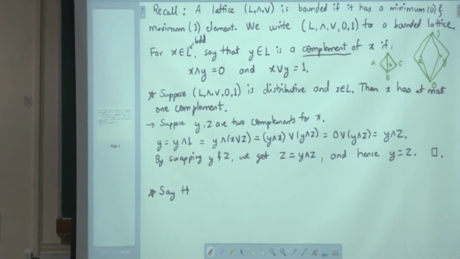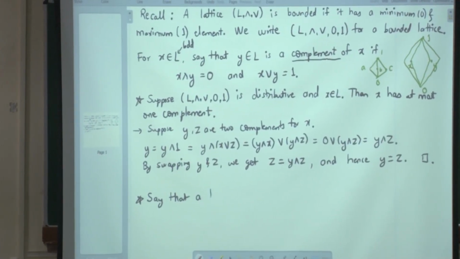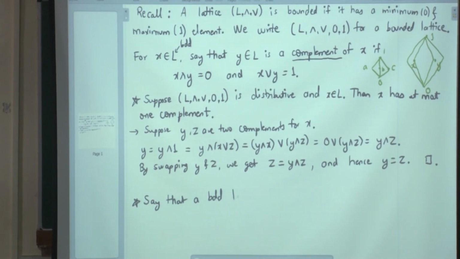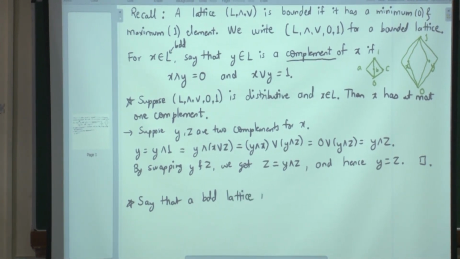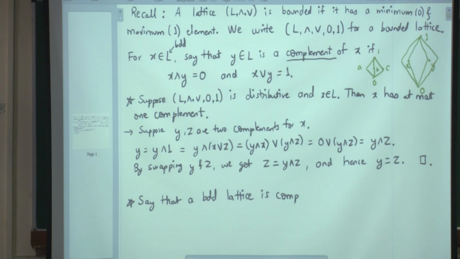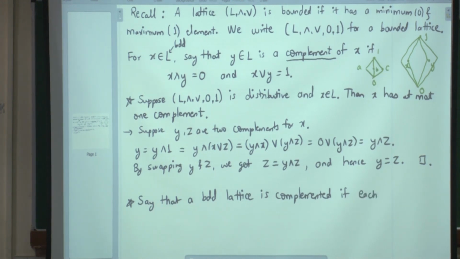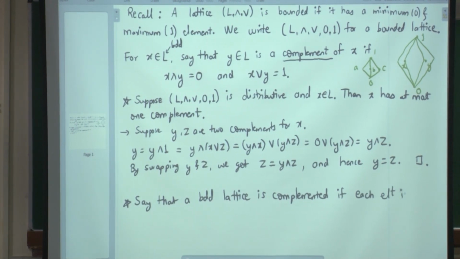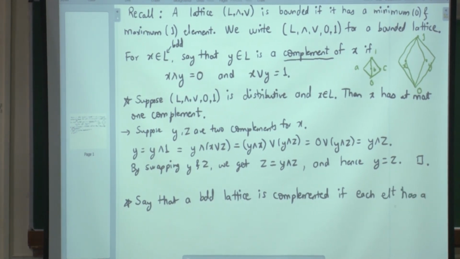We say that a bounded lattice is complemented if each element has a complement, so every element has a complement.